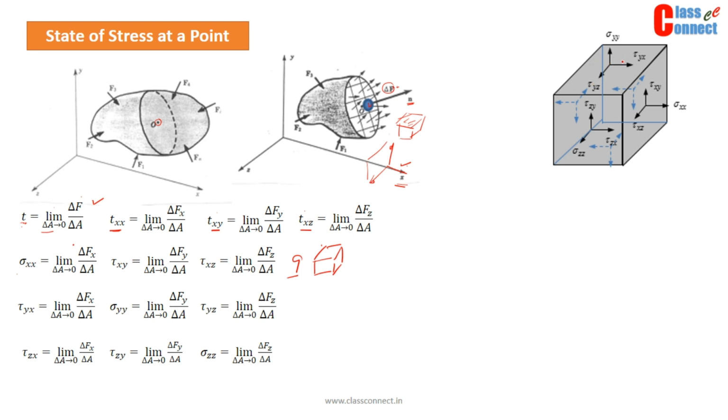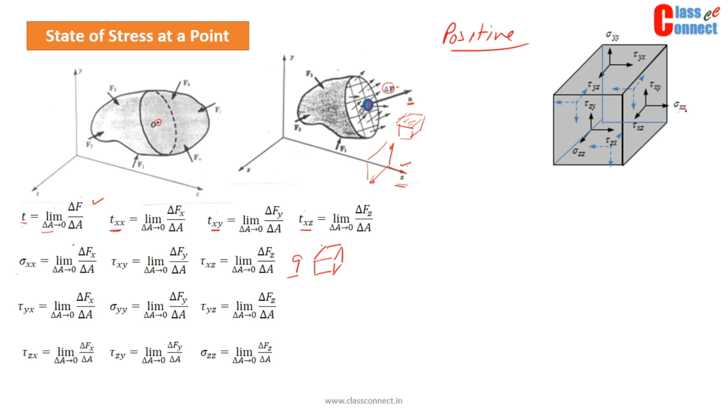The stresses shown here are in the positive sense. So it is a must for us to know what exactly is the meaning of positive sense of stress. When the direction of the stress and the direction of the plane on which it is acting are both the same, then it is a positive sense.